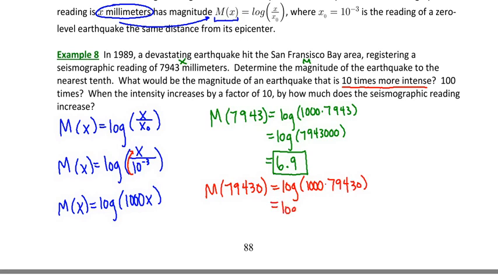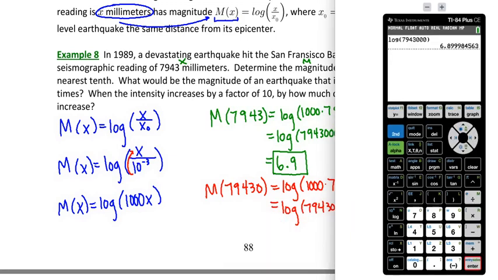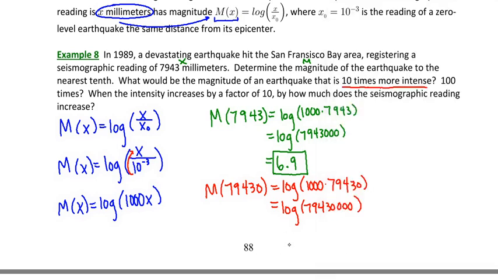Or for ease of typing this into the calculator, we'll add 1 zero to our previous evaluation, so this time we'll have 4 zeros. And notice this gives us a scale of 7.9. So an earthquake 10 times more intense than a 6.9 registers 7.9.